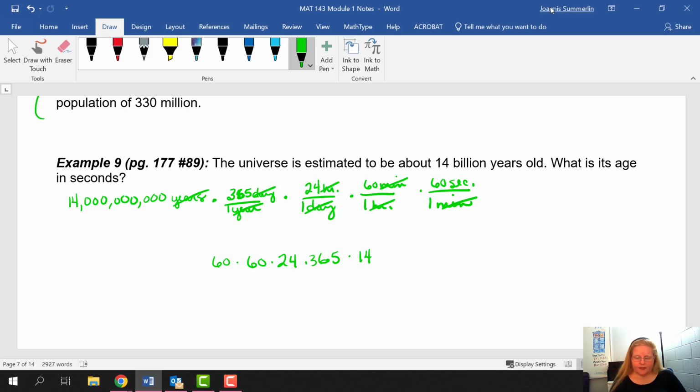When you do that, you're going to get 441,504,000. This is not the answer. This is just the answer times 14. We left out all those zeros, right?